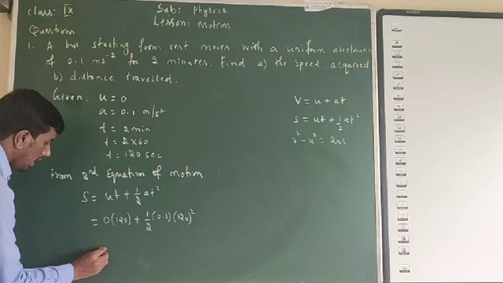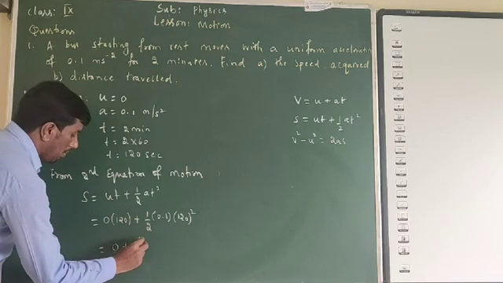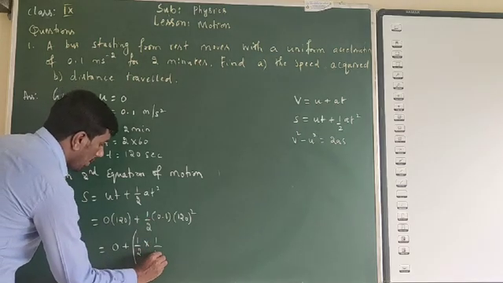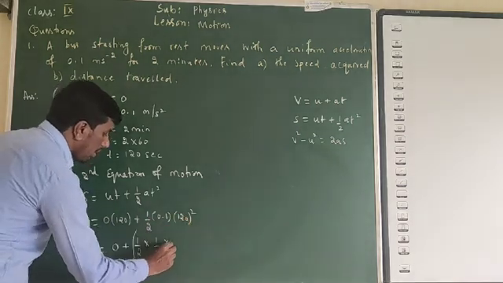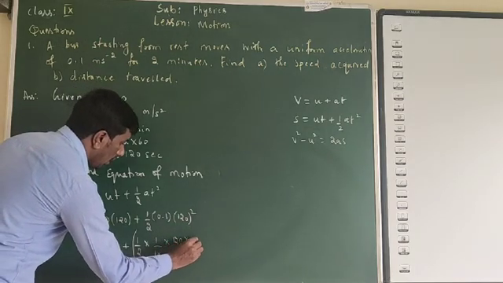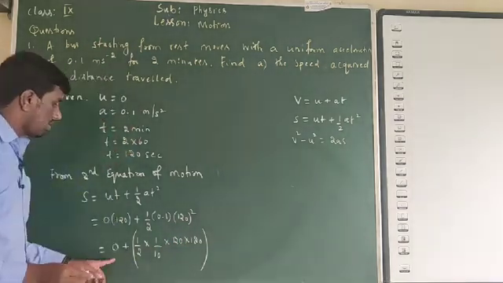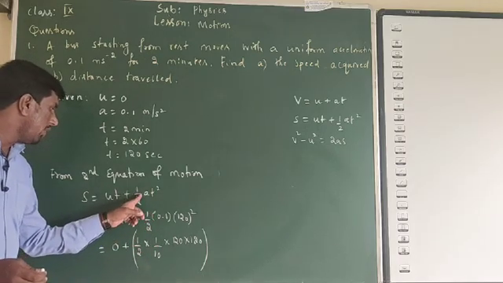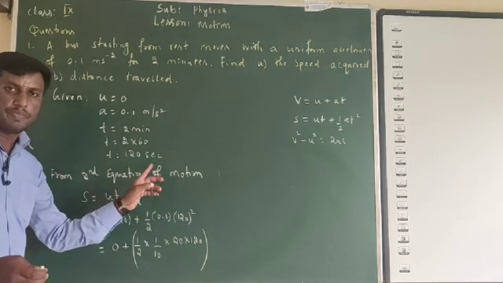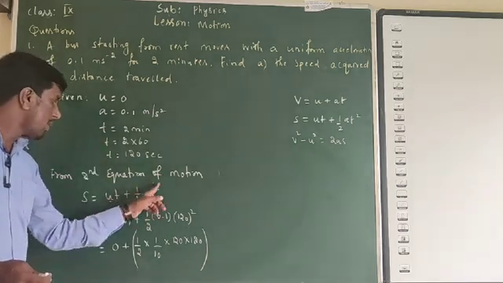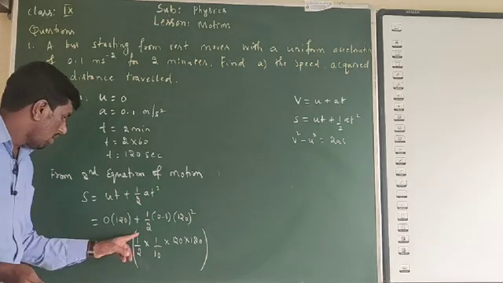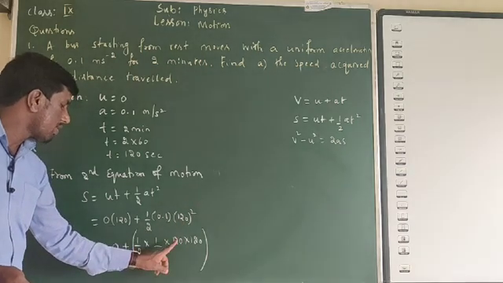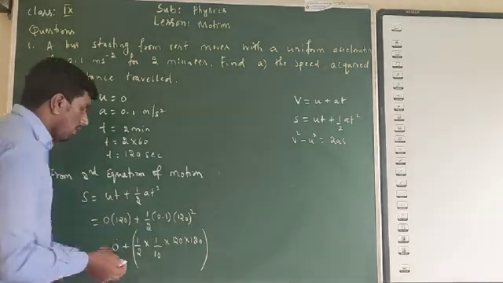So 0 into 120 is 0 only, plus 1 by 2 into 0.1, which can be written as 1 by 10, into 120 whole square, that is 120 into 120. There is a multiplication sign between these terms.